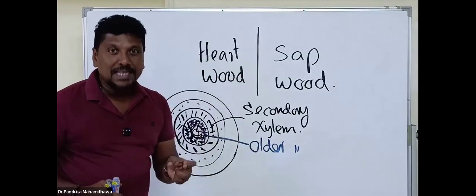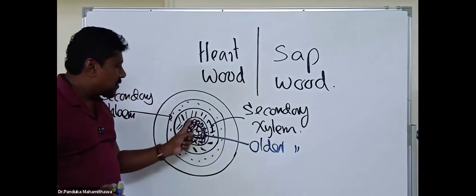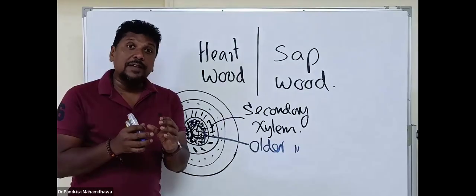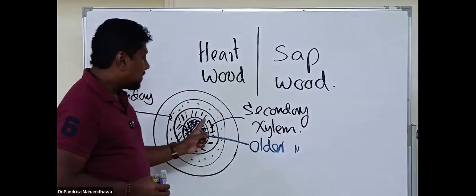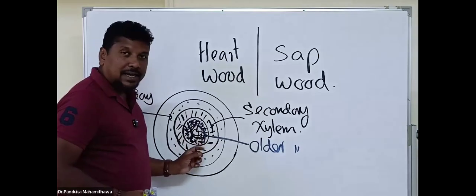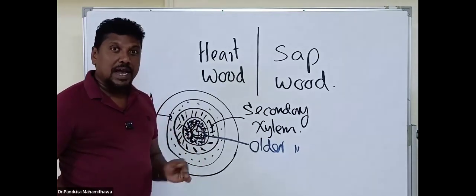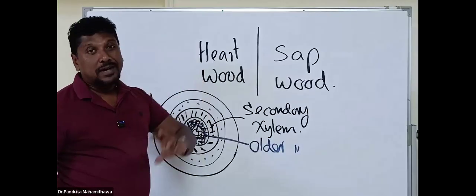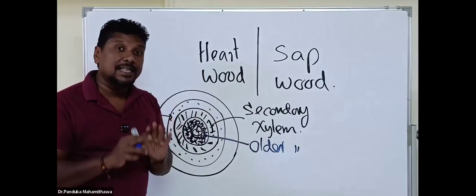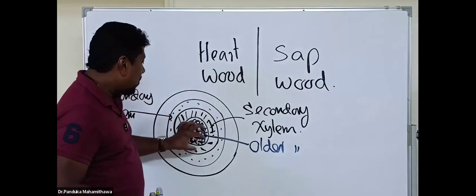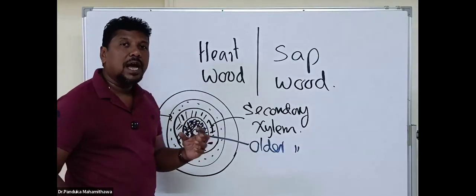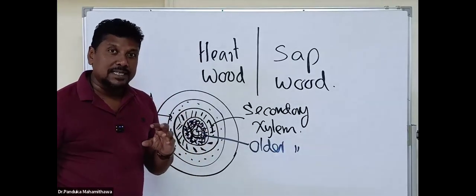So the transparency of the xylem is lost in this older part, and it gets very tough, compared to the secondary xylem which is functioning. This older part is defunct now. It is not transporting water and minerals. Its lumens are closed with resins and other compounds, so that part is very hard.